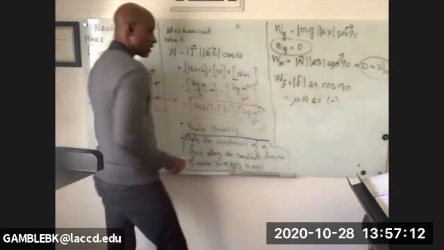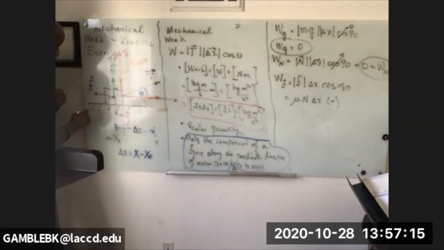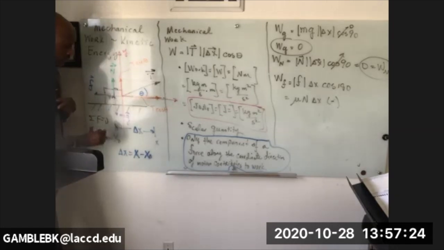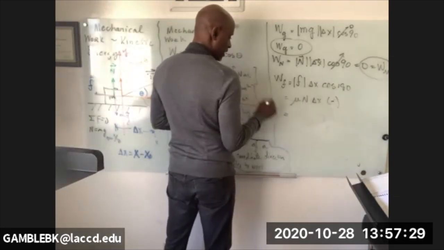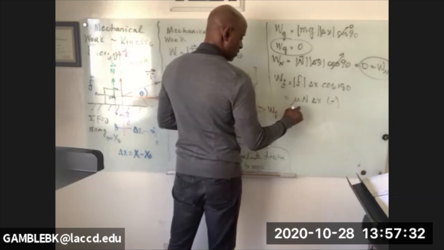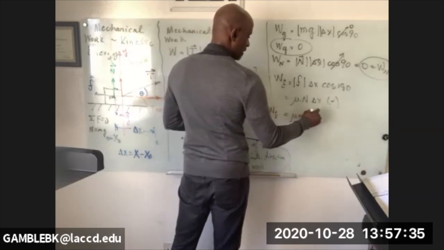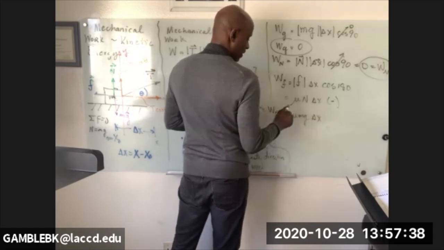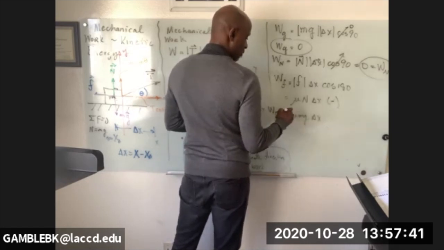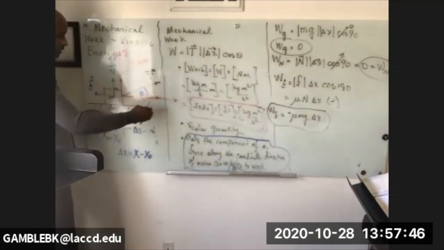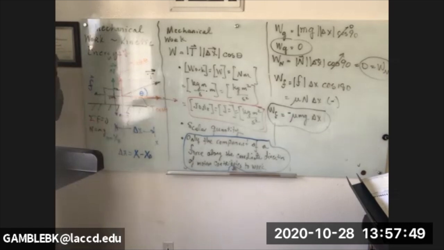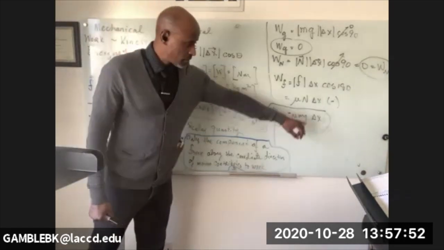Applying the first law in the vertical direction, the normal force equals mg, so I can substitute that in. It's negative, so I'll bring that negative sign out front. The work done by the frictional force as the mass moves along the path length delta x is equal to minus mu mg delta x.